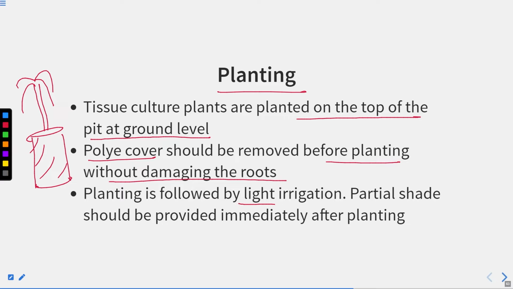Planting is followed by light irrigation, meaning a small shower of water, and partial shade should be provided immediately after planting. It should not be exposed to very high sunlight, right? There should be partial shade at that particular time when you are planting a new plant.